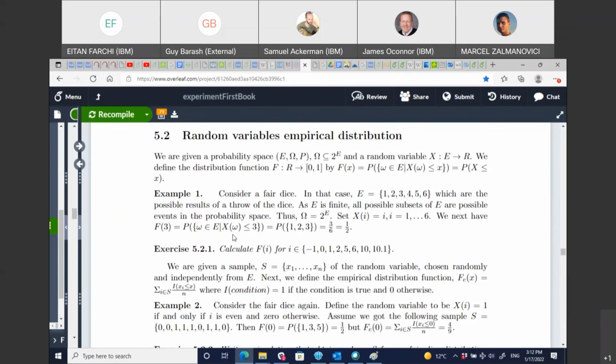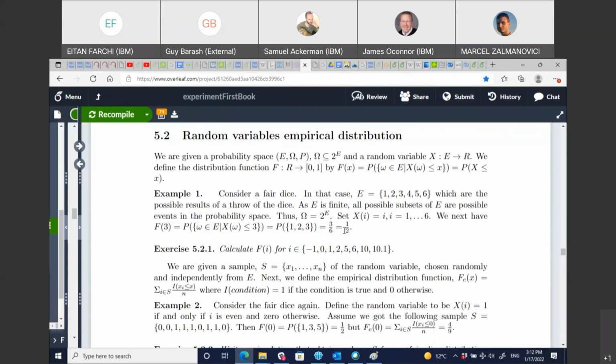Same thing for 5. 5, the random variable is 5 and it's not less than 3, so it's not in the set. And 6. So overall, the set here of the random variable being less than 3 is 1, 2, 3, which is 3 outcomes, so it's 3 over 6, which is half.